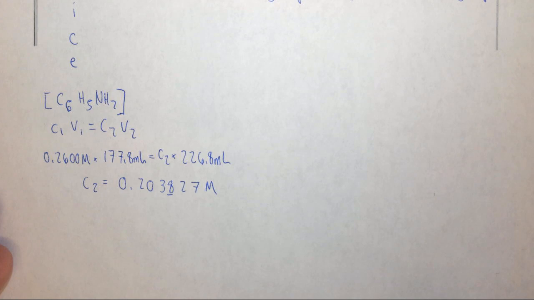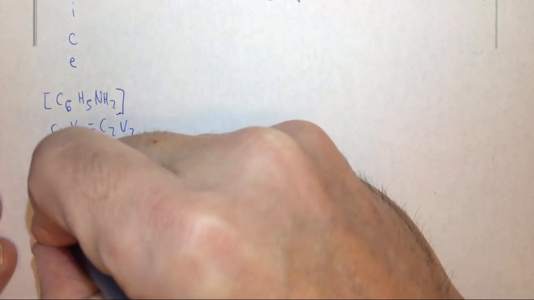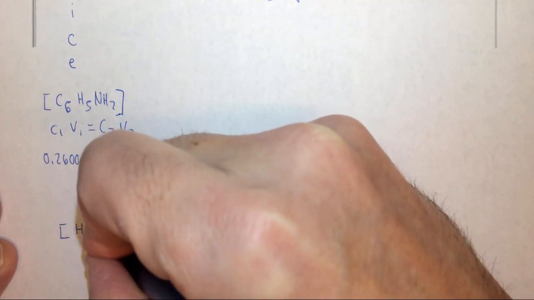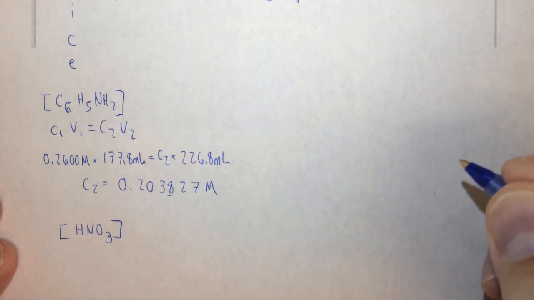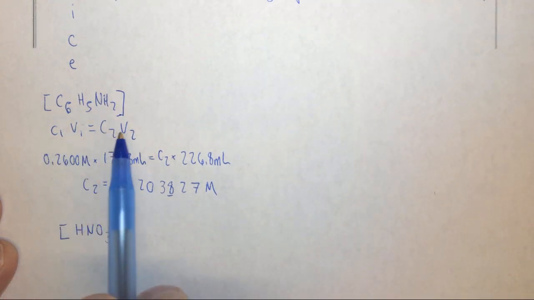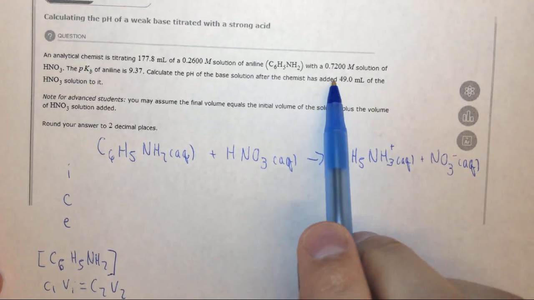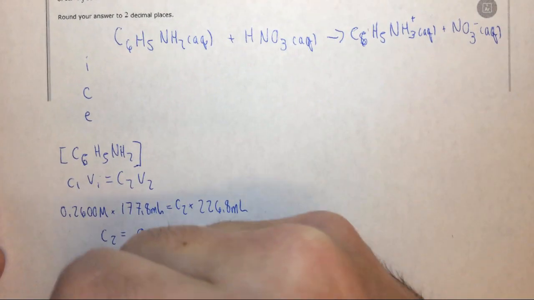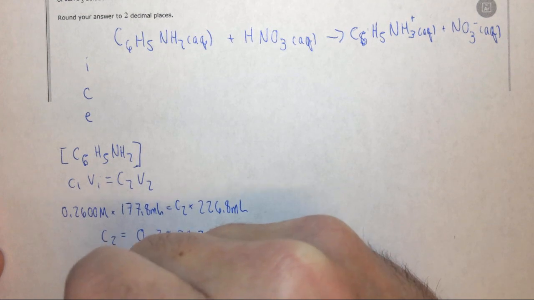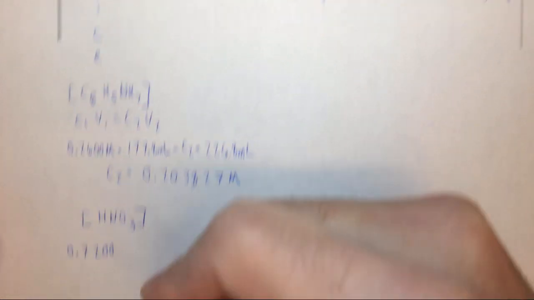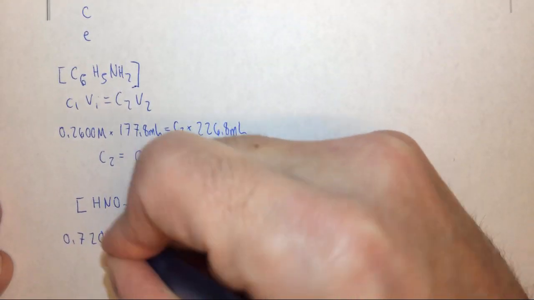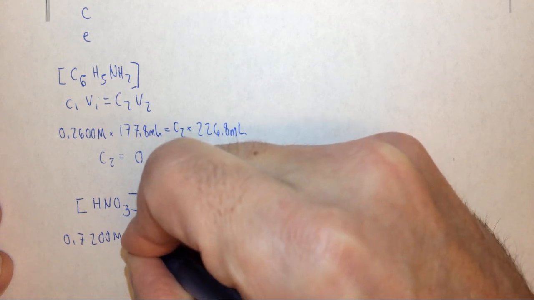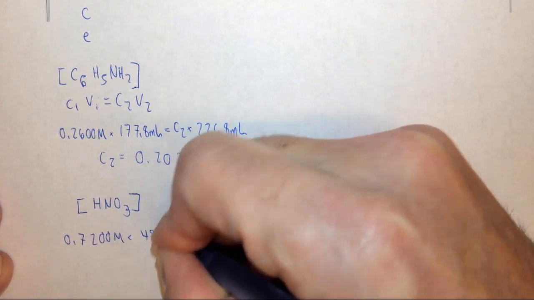Now, we want to find the concentration of HNO3. And to do that, we use the same C1V1 equals C2V2, except the initial concentration of HNO3 is 0.72 molar, so 0.7200 molar. The initial volume of it is 49.0 milliliters.